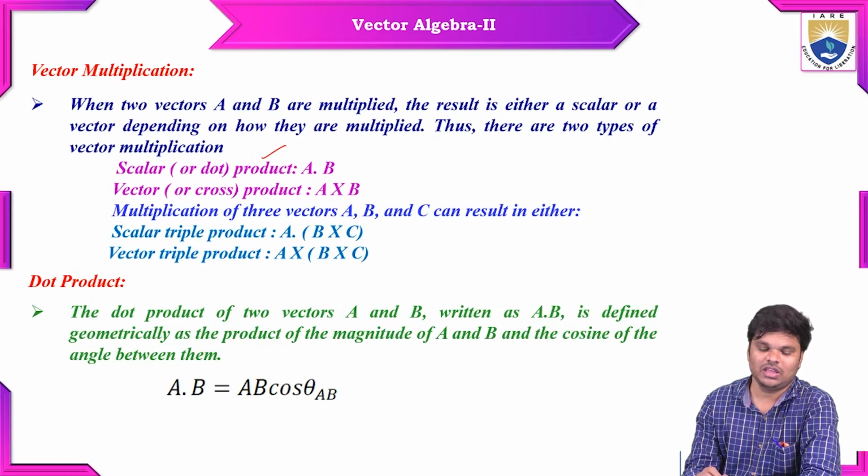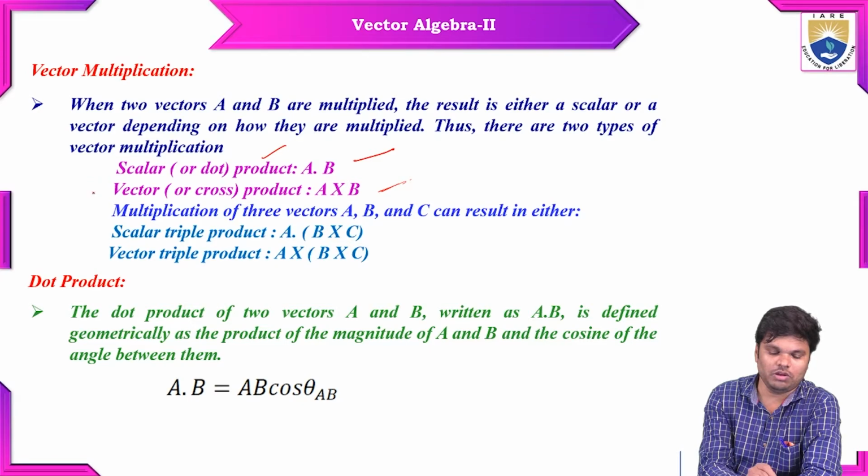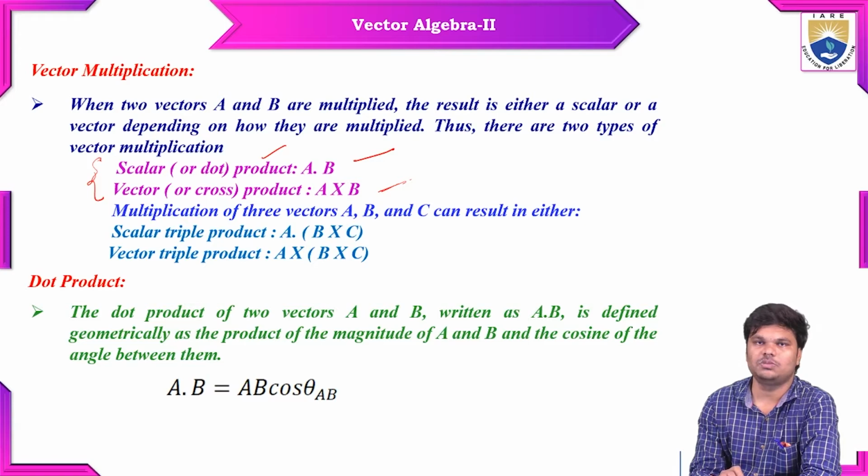If you take the dot product, you get a scalar quantity as output. If you take the cross product, you get a vector quantity as output.